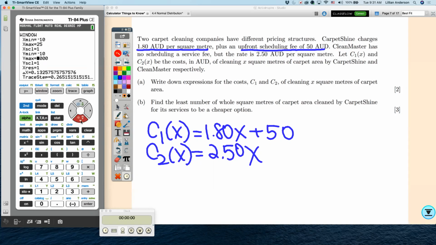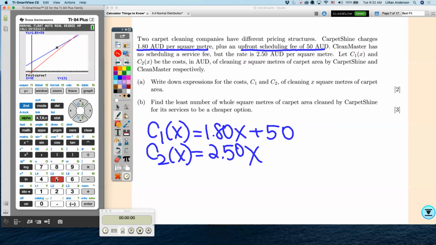Let's bring my Y max down. Y represents the cost. This is a cleaning company. If you're spending more than $200 to clean your carpet, you're getting ripped off a tad bit. So bring it down some. Okay. I have to open up my X window. Probably not that much, but oh well. Where do I find the intersection?